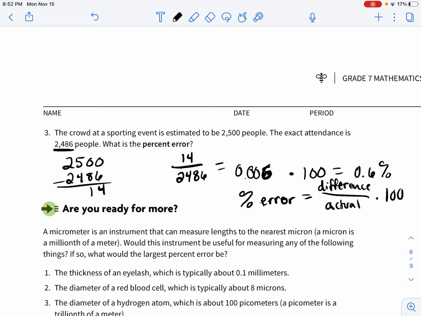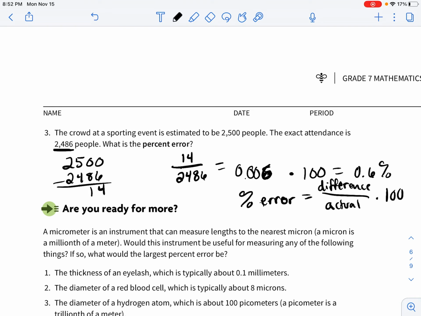So that's what we did here. Our difference was 14. Our actual was 2,486. You take the 14 divided by that, and with your answer, you multiply by 100 to convert it to percent, and we get a 0.6% error.